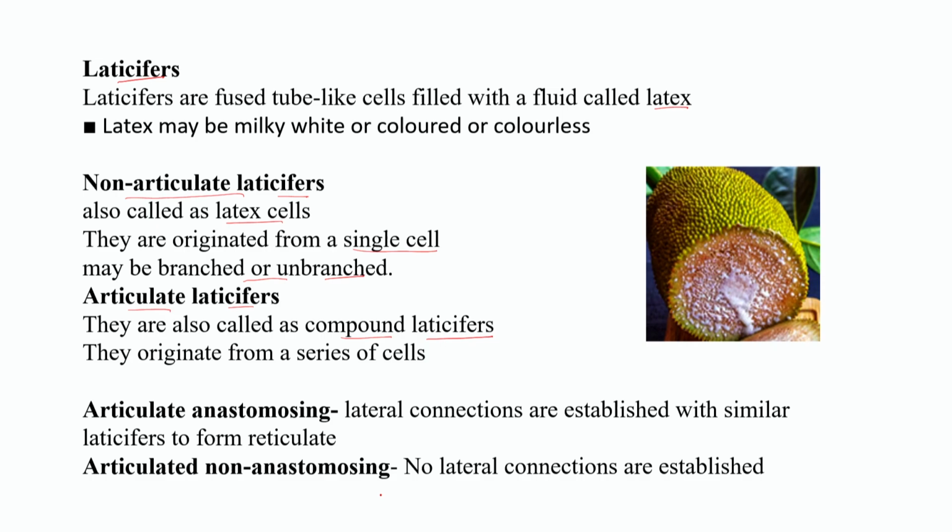Another way of distinguishing them is that articulate ones can be anastomosing, that is, lateral connections are established with similar laticifers to form a reticulate network, whereas in the other type no lateral connections are established.